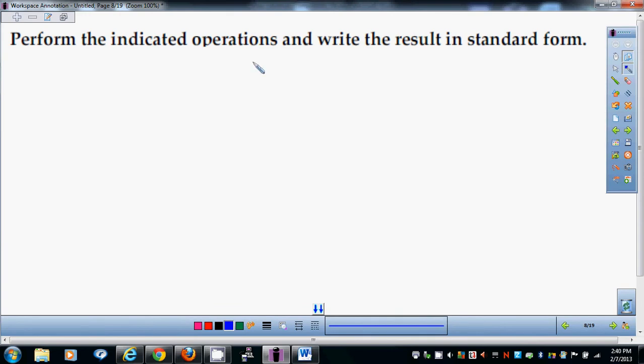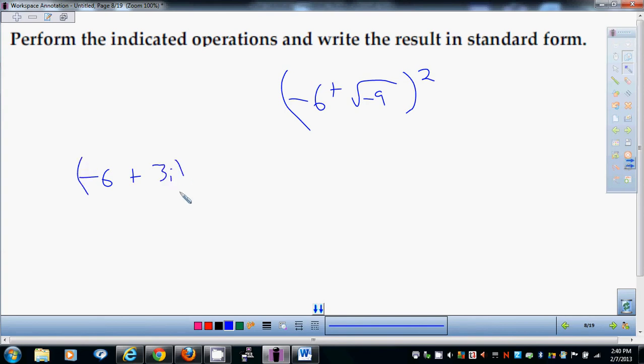Negative 6 plus the square root of negative 9, squared. So that's actually the same as negative 6 plus 3i, squared, if you chose to do it like that, which I would. Foiling that, don't you dare just square both terms.